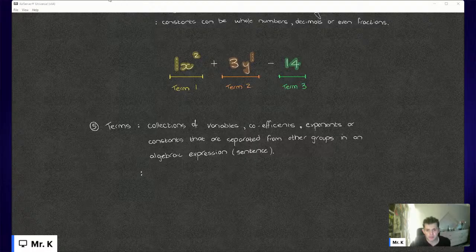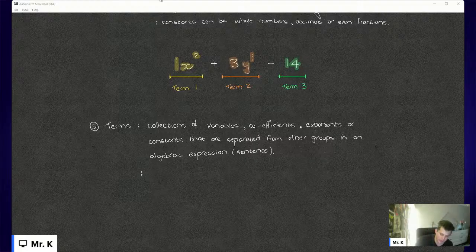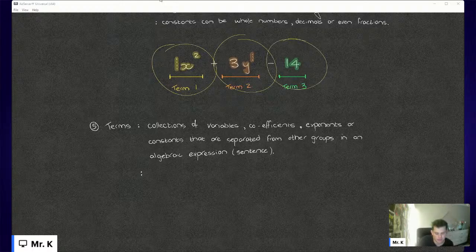I know that a term is a collection of variables, coefficients, exponents, or constants that is separated from other groups or collections in an algebraic expression. How do I go about finding these terms, right? How did I know that we have three separate terms in this specific example?